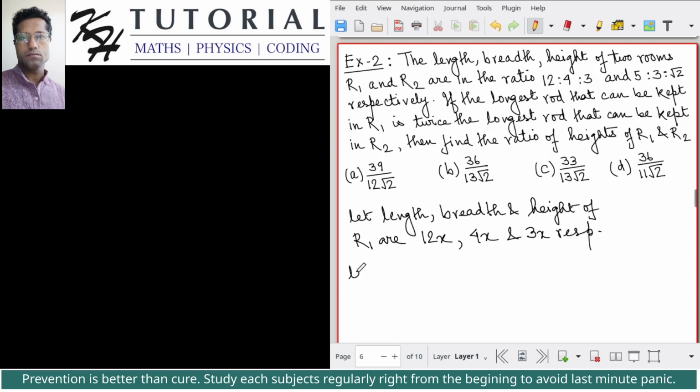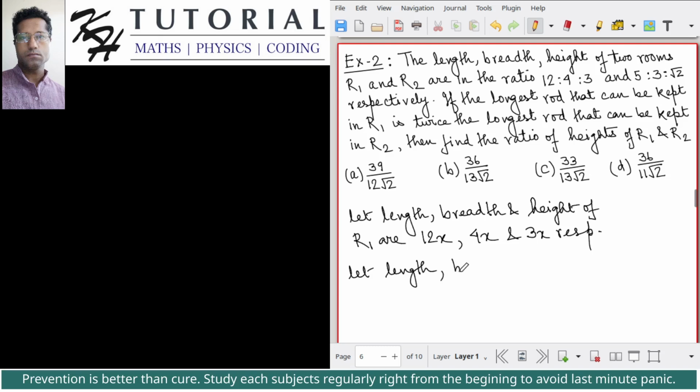To assume the length, breadth, and height of room R1 based on the given ratio, I have used the unknown variable x. Similarly, I will assume the length, breadth, and height of the second room using a different unknown variable, y.